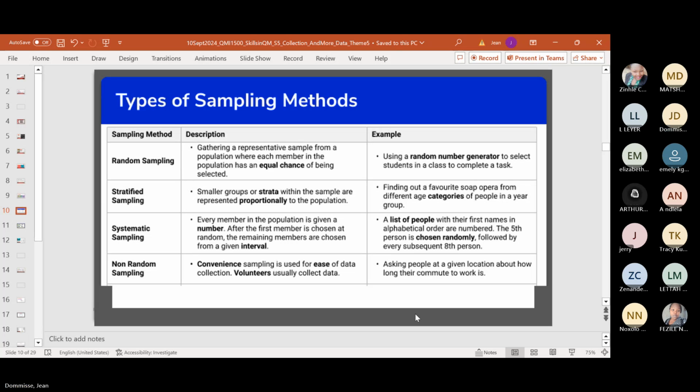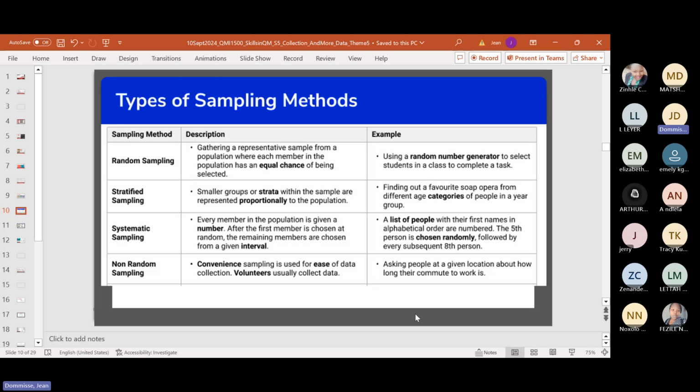Then another way is where you can't just go and randomly select people or objects into your sample. You need to stratify your data.